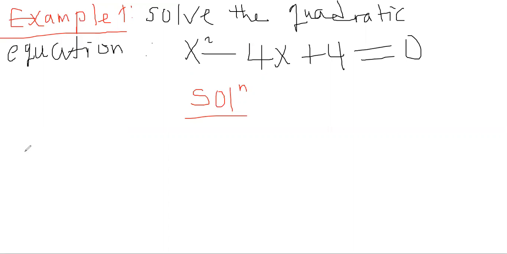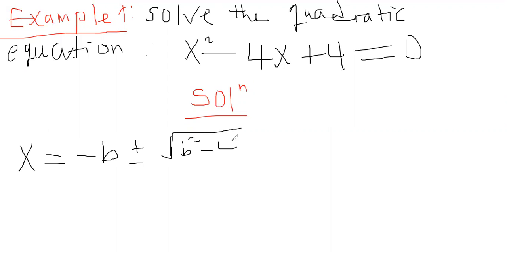So if we want to use the quadratic formula, which states that x equals minus b plus or minus the square root of b squared minus 4ac, all over 2 times a. If you look at this equation here, we know that our a is the coefficient that is attached to here.